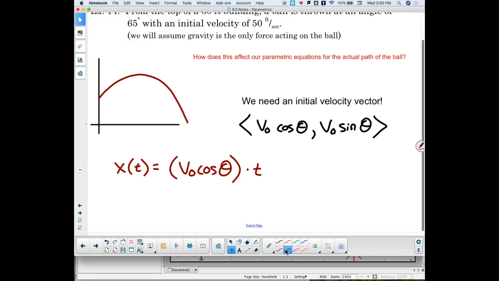The v sub 0 cosine of theta is part of the coefficient. And my vertical component is going to be negative 16t squared. I still have my gravitational constant, plus my initial velocity, now dependent upon my angle, the vector that I'm throwing it at, times t, plus h sub 0.